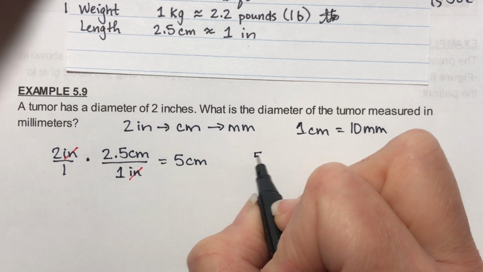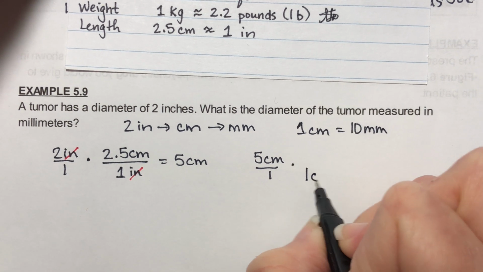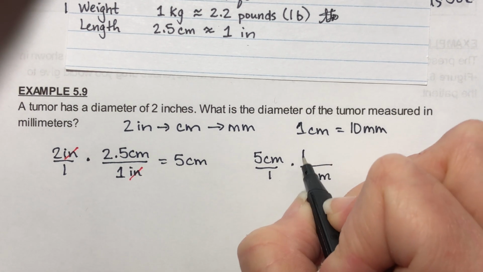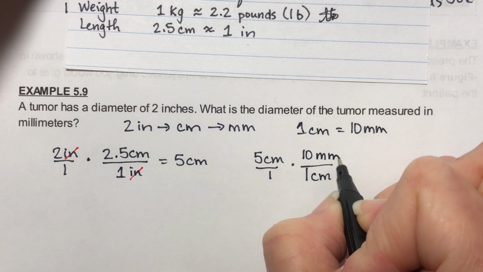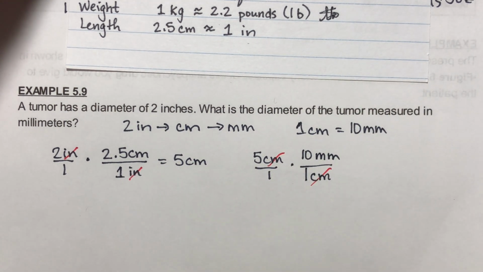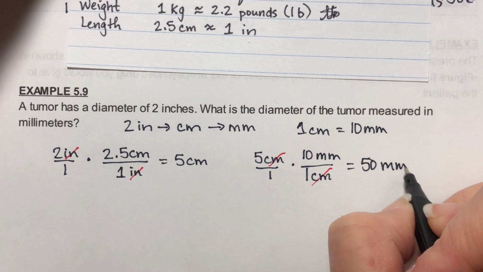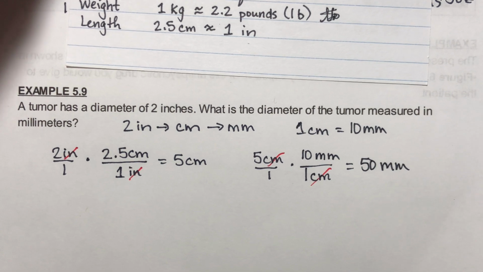Okay, so 5 centimeters over 1 times 10 millimeters over 1 centimeter. Centimeters cancel. 5 times 10 would be 50 millimeters. And that would be our answer. This is the end of chapter 5.